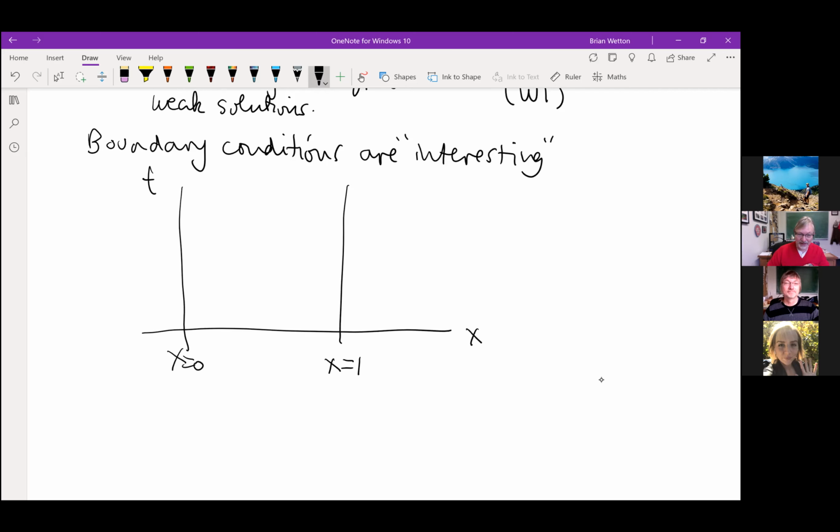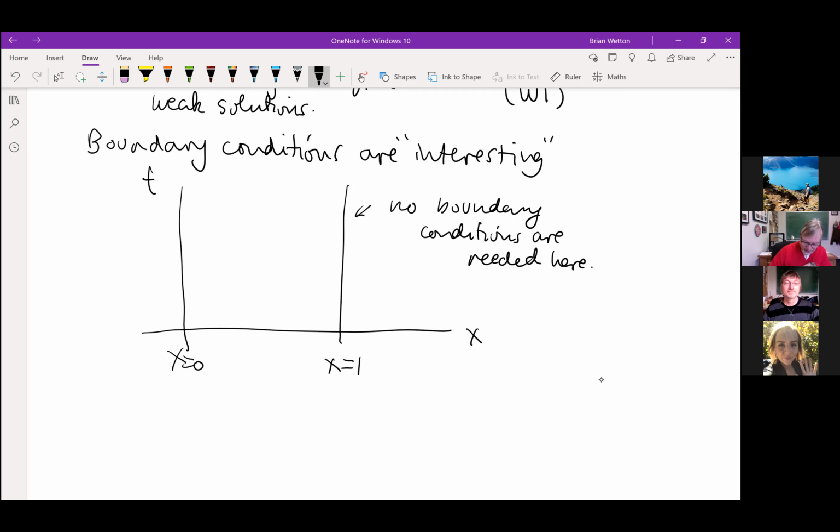Let's just think about it. Everything is moving to the right with speed 1. And so I don't need any boundary conditions over here. Whatever is happening on the inside is moving to the right. That is what's going to happen.